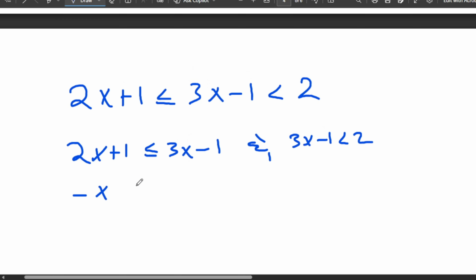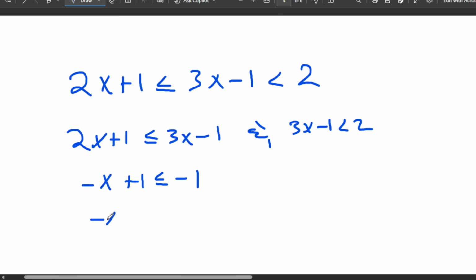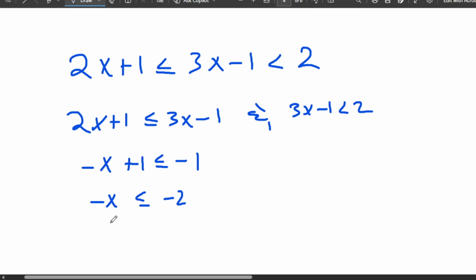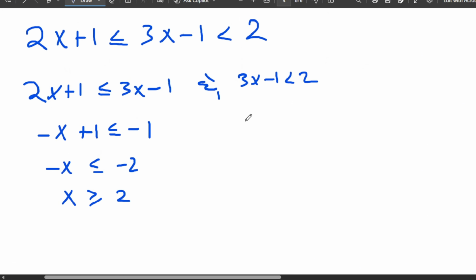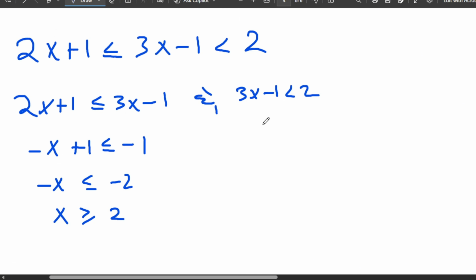For the first, we minus 3x on both sides. We have minus x plus 1 is less than or equal to -1. So minus 1 on both sides gives -x is less than or equal to -2, and we divide by a negative, so the inequality will change direction. x is greater than or equal to 2. For the second, we add 1 on both sides. 3x is less than 3, so x is less than 1.